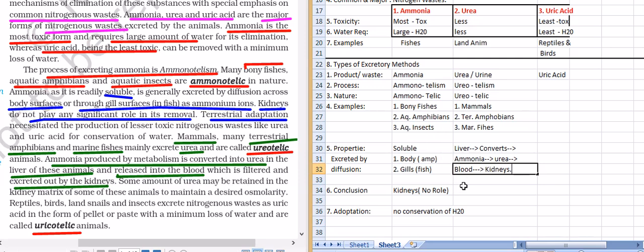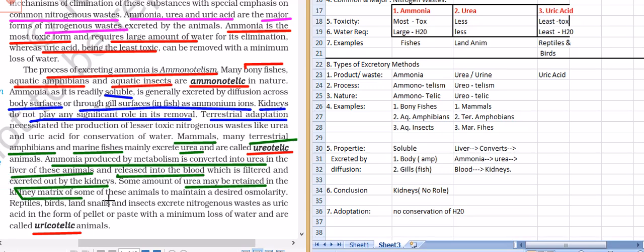Here one more. Some amount of the urea will be present in the body. Okay, that soon we'll understand. That is, some amount of urea may be retained that persists in the kidney matrix in the medulla. Some of these animals, to maintain the desired osmolarity, as we discussed in the earlier class.